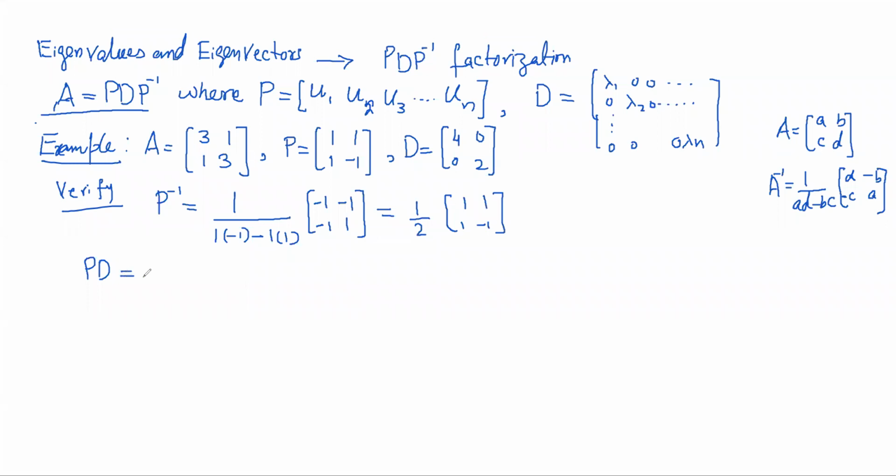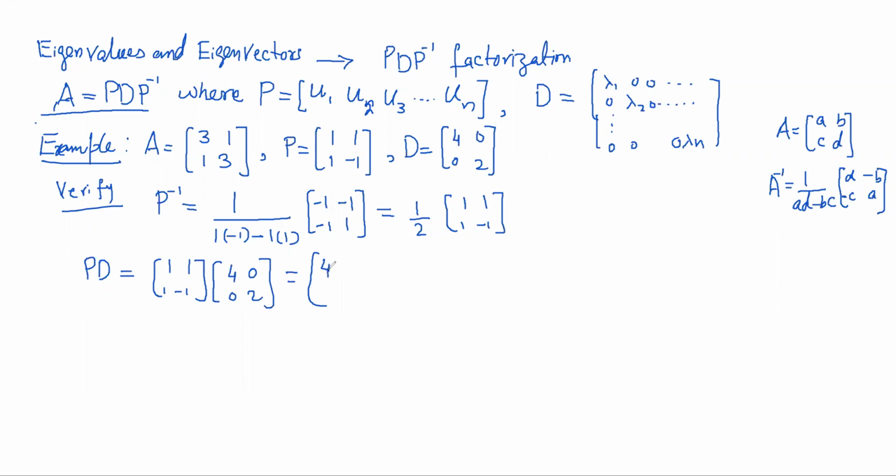So we can first find PD. So what is PD? P is 1, 1, 1, minus 1, and D is 4, 0, 0, 2. So what will be PD? PD will be 1 into 4, 1 into 4, and then 1 into 0.